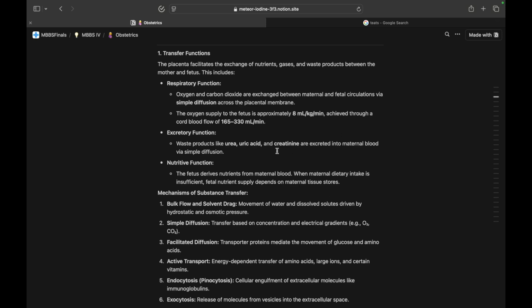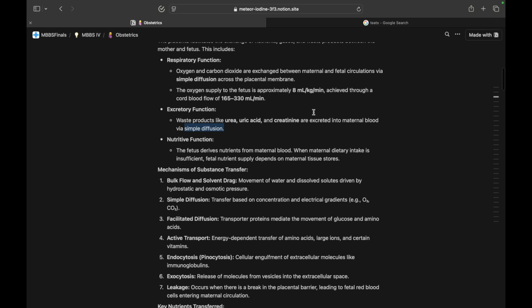The fetus, though it is very small, the concentration per ml is very high on the fetal side. So these things get transferred very easily into the maternal blood through simple diffusion, again because it is mainly dependent on the concentration gradient. So there is more concentration on the fetal side, so it goes into the maternal side.